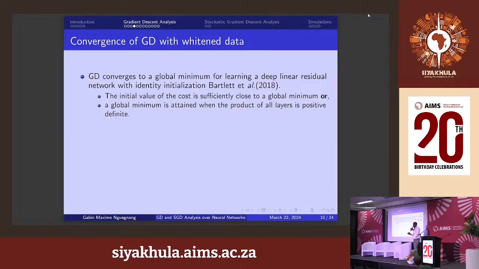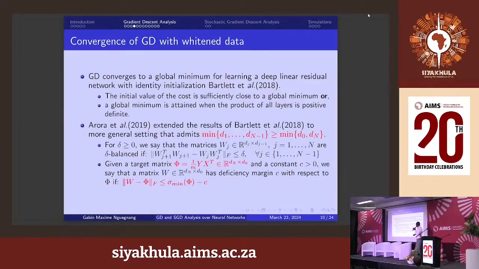But this was for a very particular subclass of neural networks, the residual linear neural networks. It's a particular network where the dimension of the input layer and the dimension of all the intermediate layers together with the dimension of the output layer are equal.